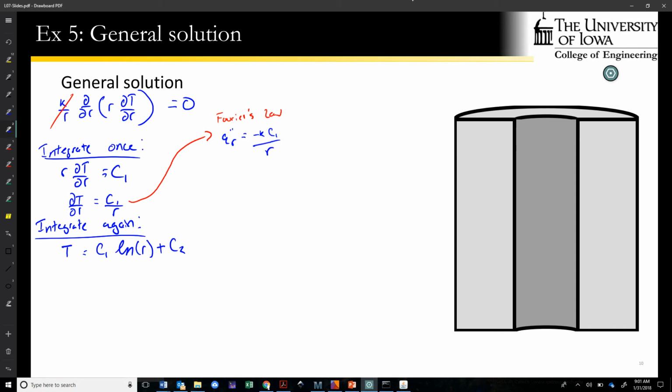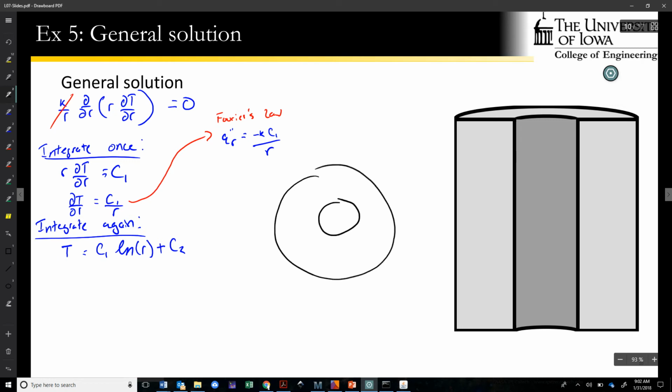So before, when we were dealing with the flat plane wall, this was a constant, right? It's no longer constant. And I think it helps to understand the cylindrical coordinates if we quickly look at why that is. And it's a very simple explanation. Essentially, if we were to look at this radial surface from the top down, we're assuming that the temperature at the inner surface is higher than that at the outer surface.